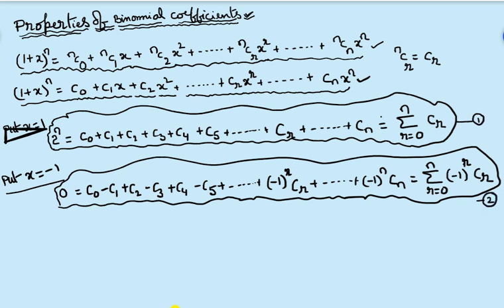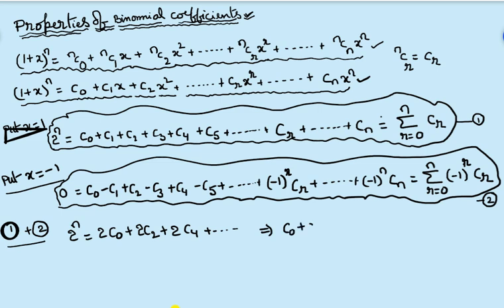If you add these two, what happens? Adding both, we get 2^n = 2 times C0 + 2 times C2 + 2 times C4 + and so on. From this I can write C0 + C2 + C4 + and so on = 2^n divided by 2, which we can write as 2^(n-1).